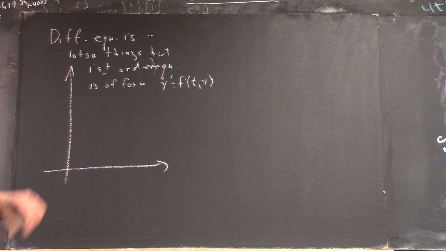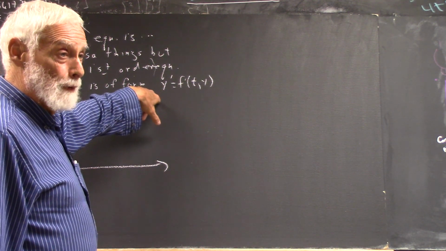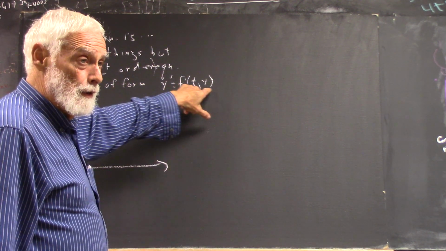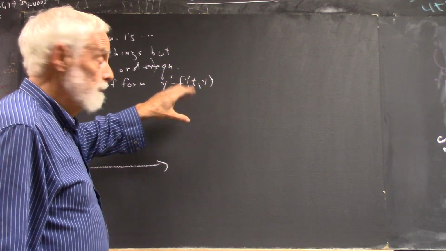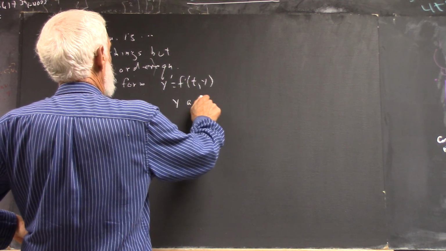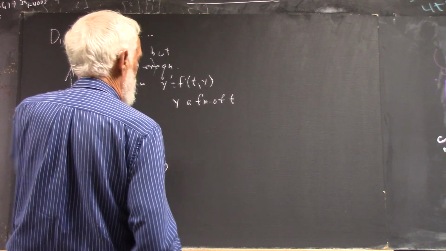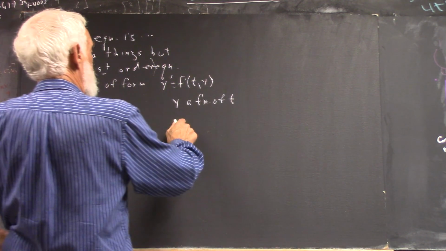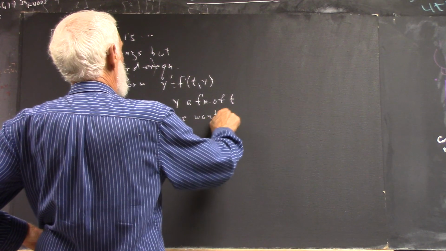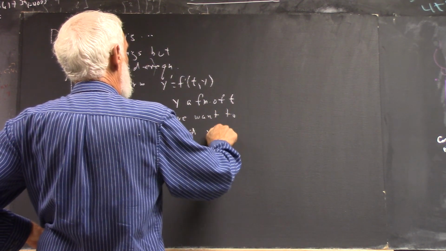Okay? We know that y prime is a derivative, right? So you have a function of two variables, t and y. y is a function of t, and we want to find our function y of t.